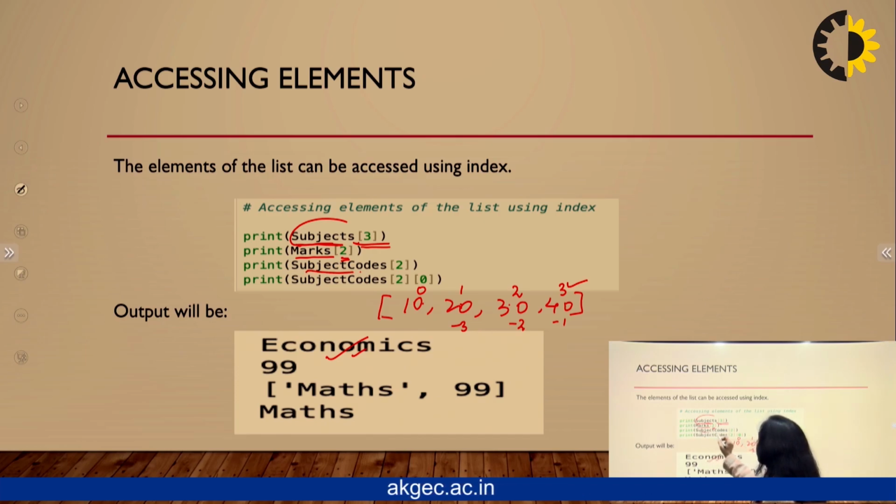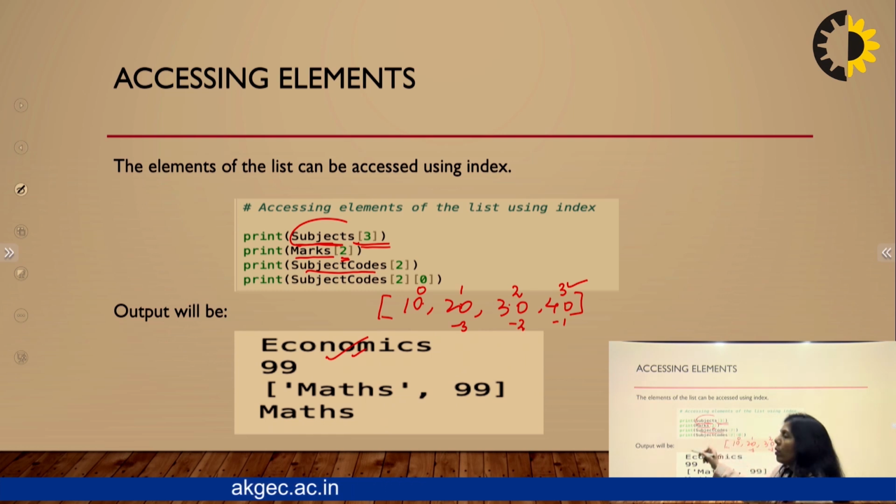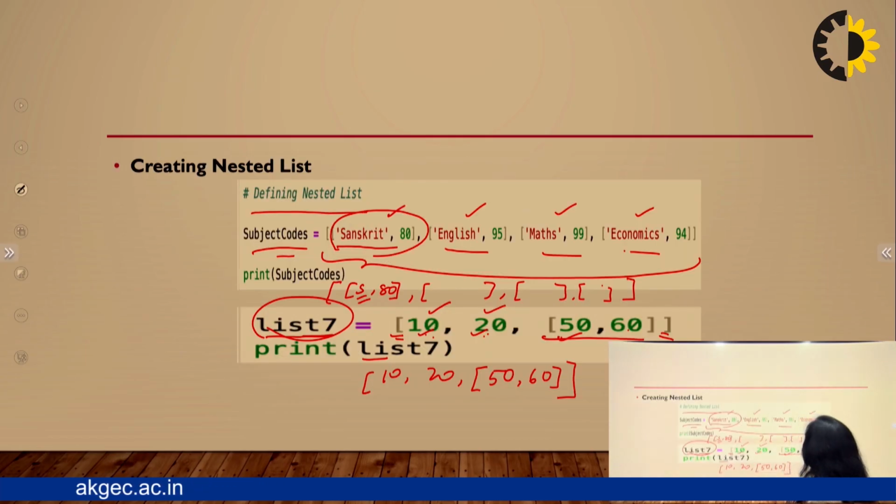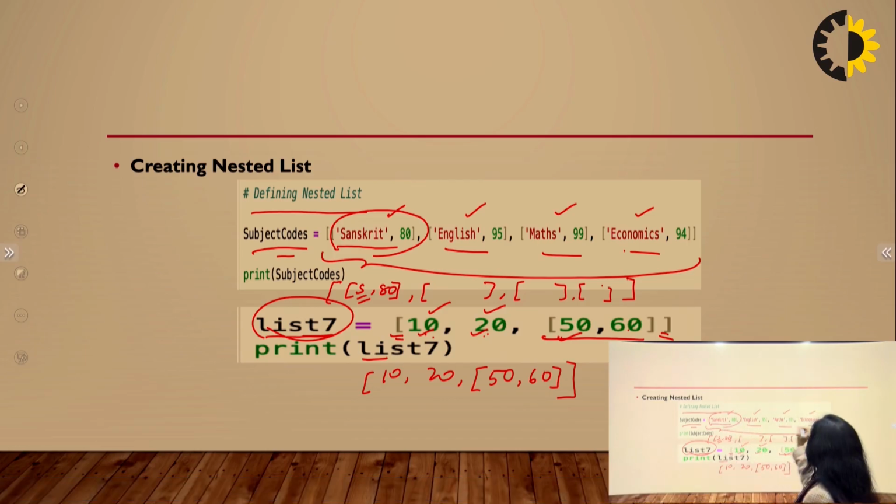Also, the subject_codes, where we have just seen all these lists in the previous slide. Let me go to the previous slide once. See, here we have the nested list, that is 1, 2, 3 and 4. Just observe that the place of this is 0, this one is 1, this one is 2 and this one is 3. This is the indexing right from the start.